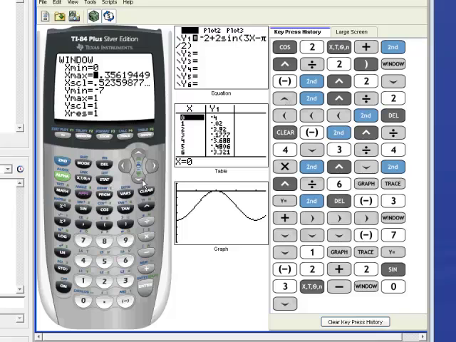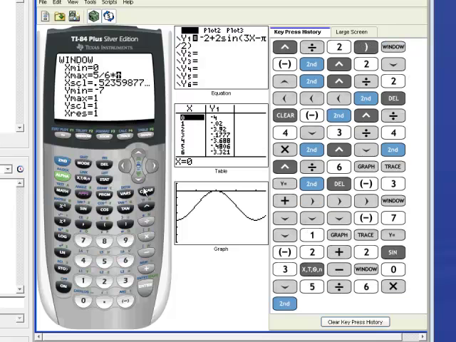It's not 3/4, is it? Pi over 6 plus the period, and the period was 2/3 pi. So I'm going to go to 5 over 6 times pi.